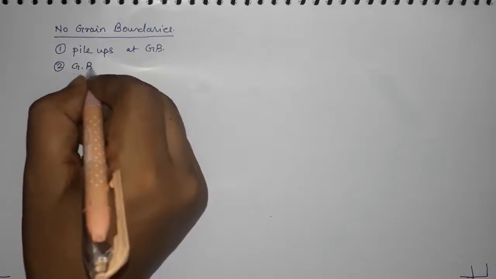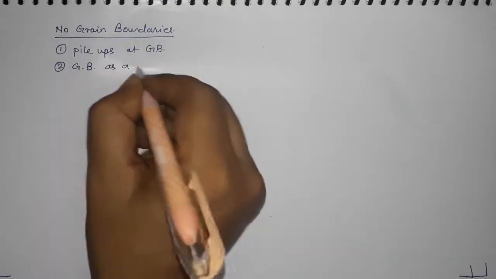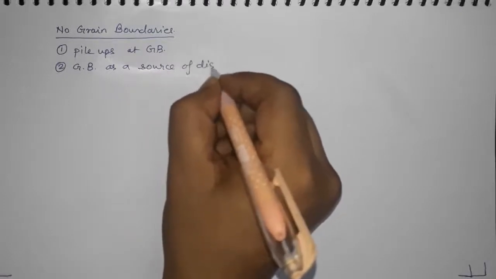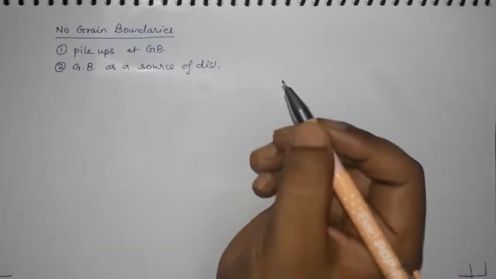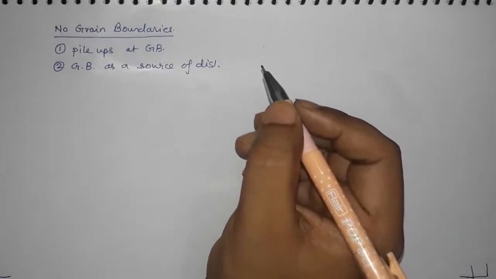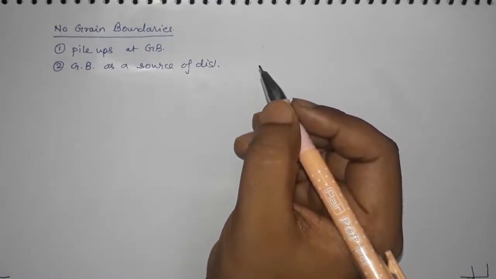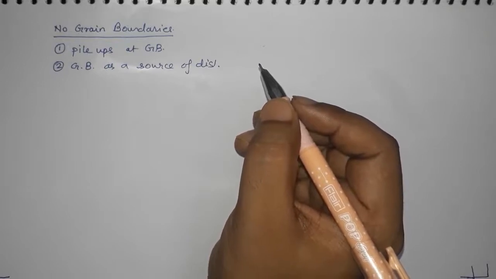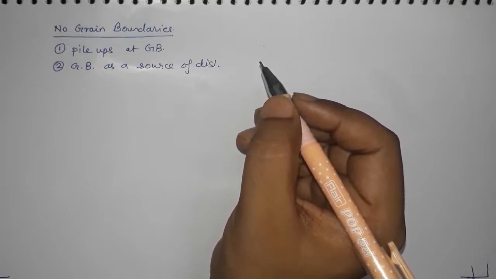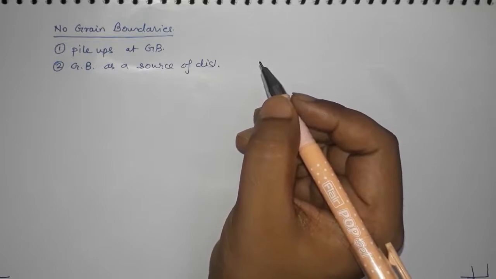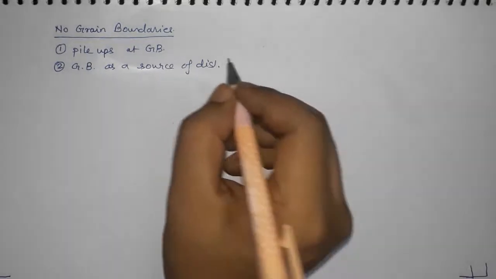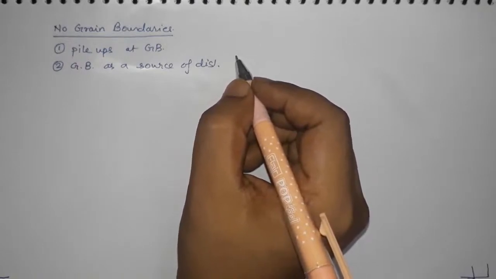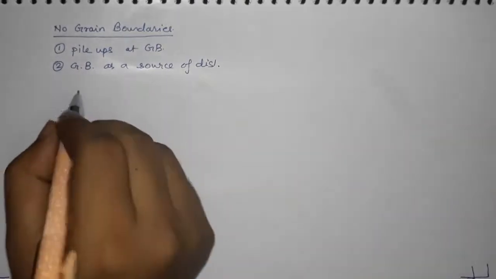So grain boundary as a source of dislocation will be gone. So that part is not there. If we are talking about single crystal, then the rate of production of dislocation will decrease because we don't have grain boundaries anymore, right? So these are going to be some differences when we talk about single crystal.